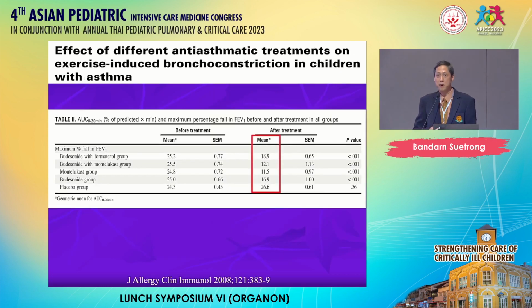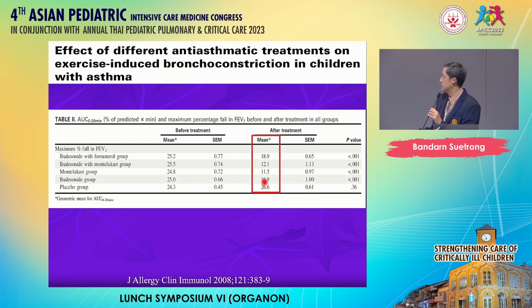And if we compare the treatment modalities in asthmatic patients with exercise-induced bronchoconstriction, we will find that in the placebo group, the FEV1 falls by up to 26%. If we just use budesonide, the FEV1 still falls close to 17%.